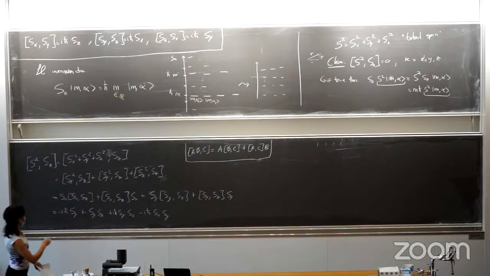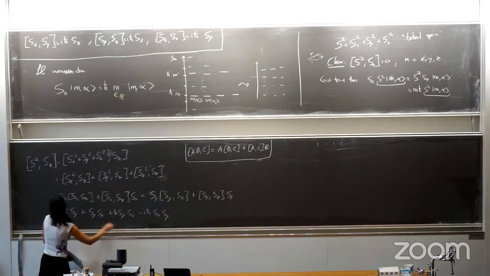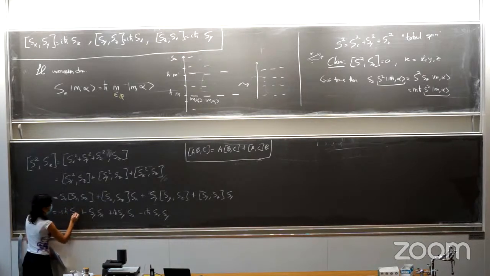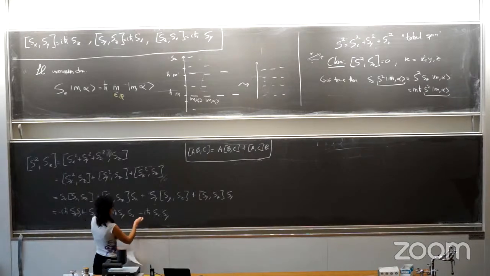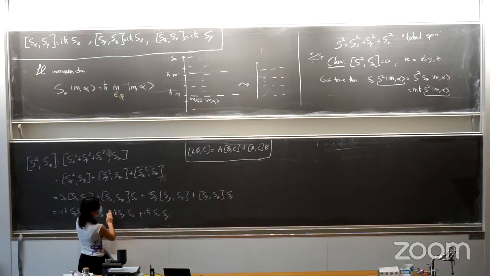So if I did this right, oh, I missed something here. I left this one out. Sorry. Oh, yes, this is plus. This is plus, this is plus, this is minus, this is minus.